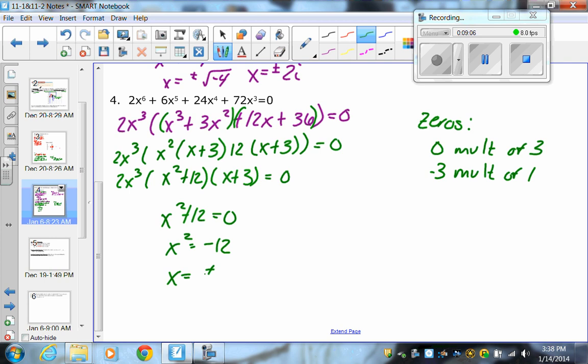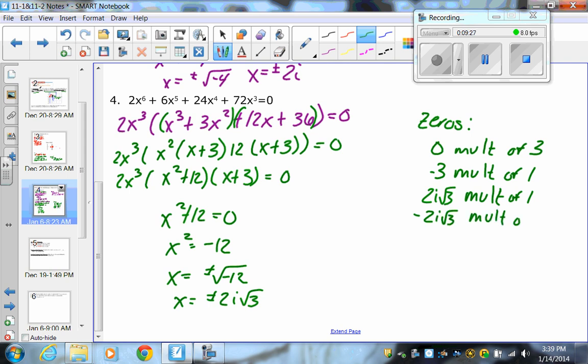So x equals plus or minus the square root of -12, which is plus or minus 2i radical 3. So then I have 2i radical 3 with a multiplicity of 1 and -2i radical 3 with a multiplicity of 1.